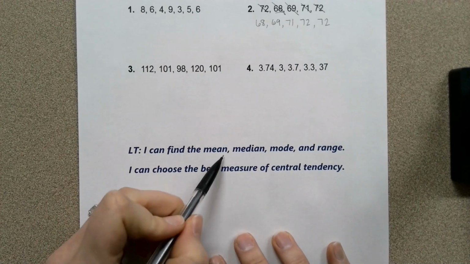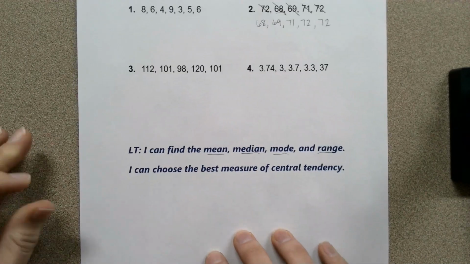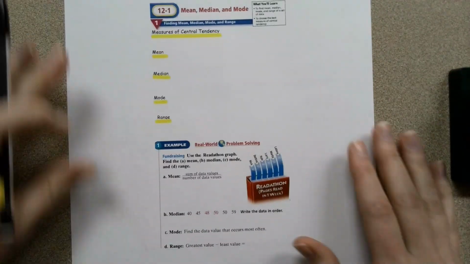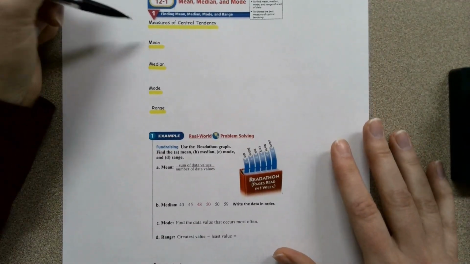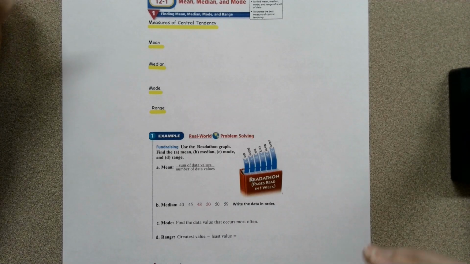So again, we're going to be working with mean, median, mode, and range, 3 of which are measures of central tendency. Notice how we have a lot of vocabulary words.